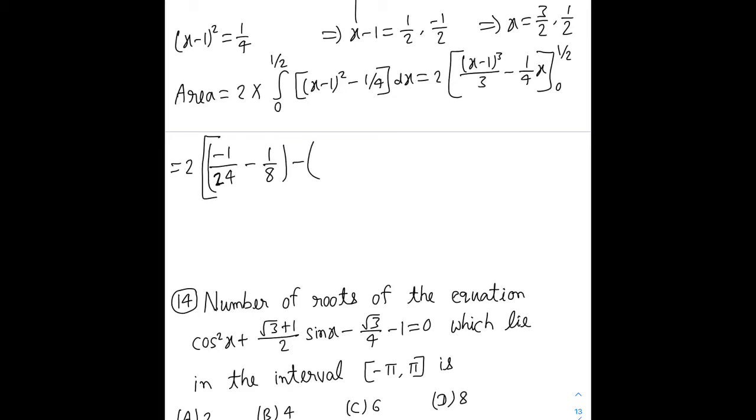When you put x equal to 0, this will become minus 1 by 3, and then the other one will be 0. So when you calculate it, you will get plus 1 by 3, and then minus 1 by 8, minus 1 by 24.